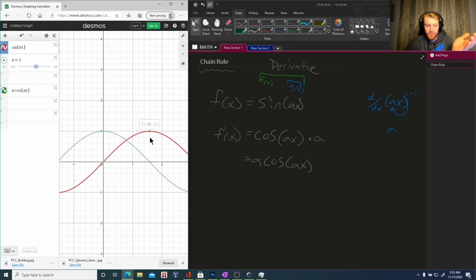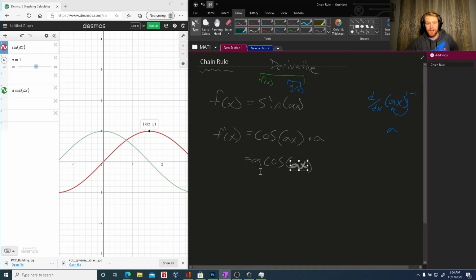And in this case we have a local max right at pi halves. We have pi halves, 1, and then the slope starts to decrease after that. And so we can see right here on Desmos, it's pretty quick and clear. Everything does check out, and that's how you use the chain rule.